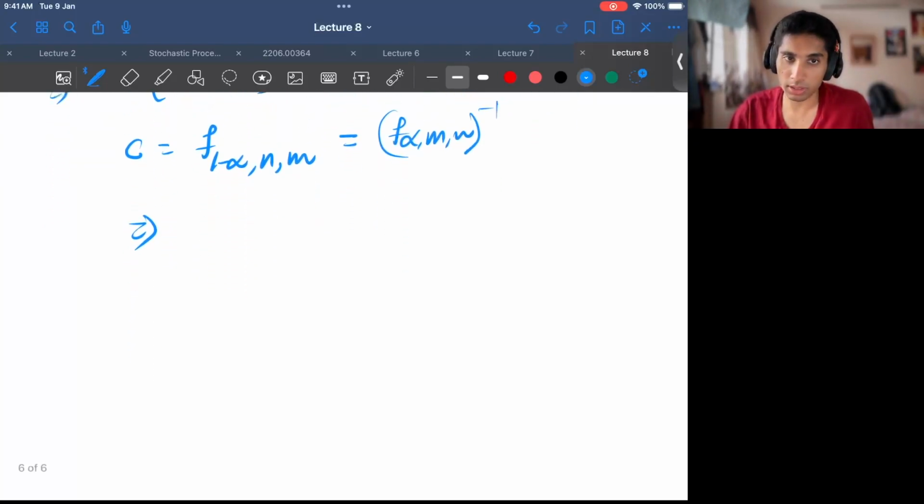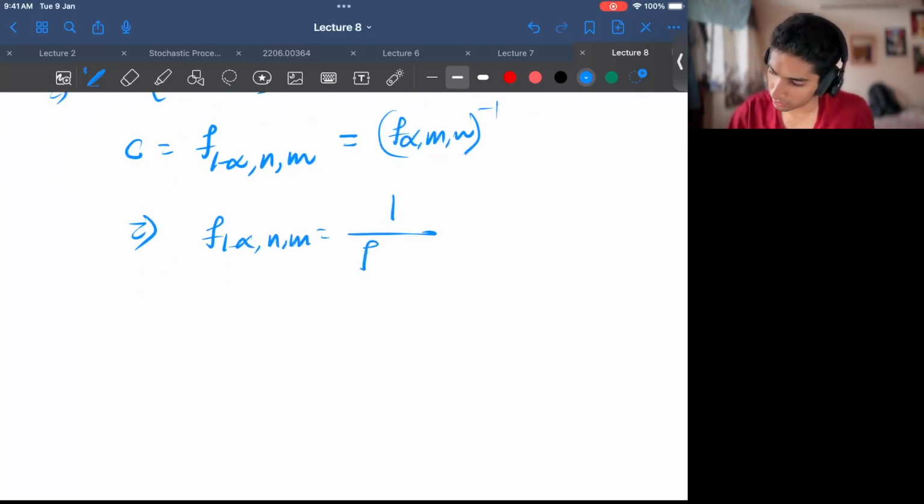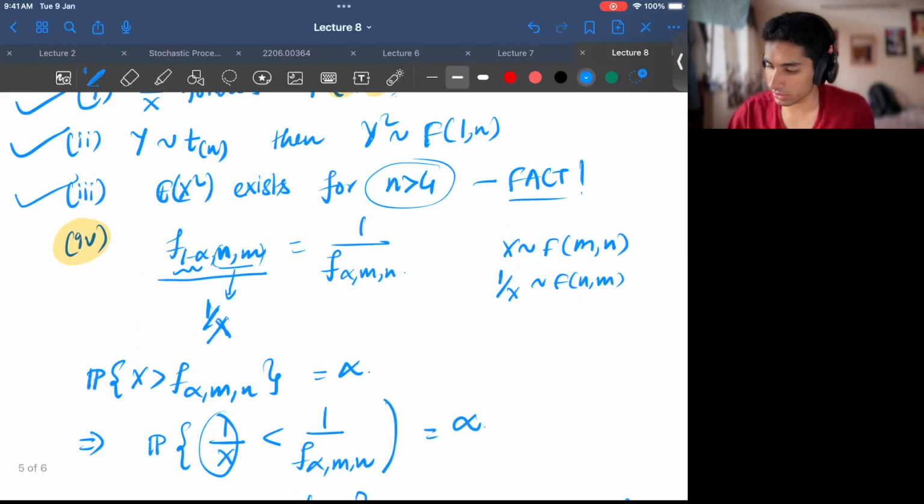So yes, this is what was desired: 1 over F of 1 minus alpha n m is equal to 1 over F alpha m n. So this is also true. So the last statement is also true. So all of the statements are correct. I hope I have answered the question that you had posted on the chat.